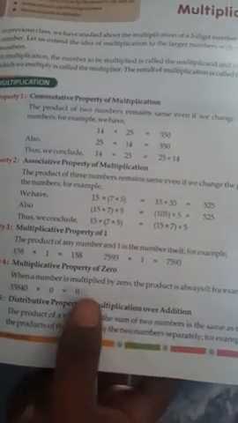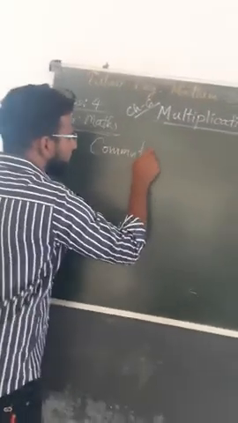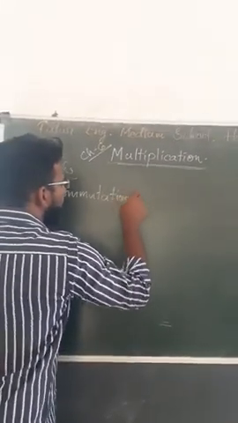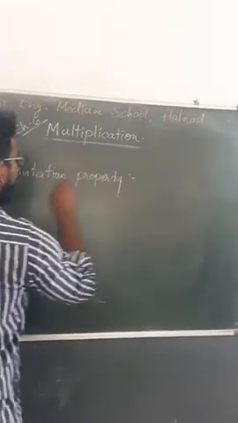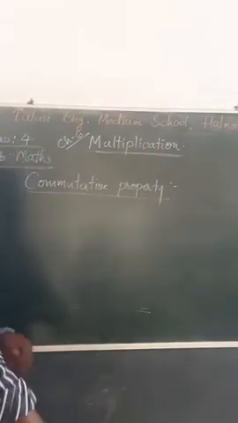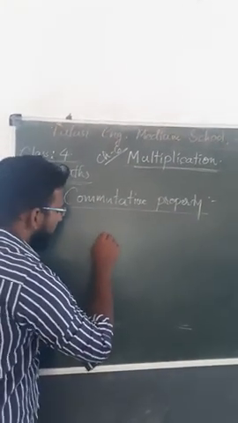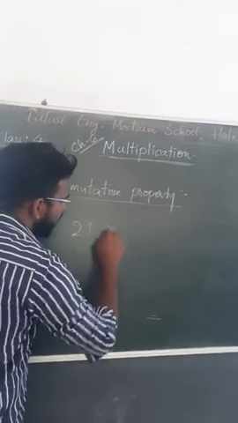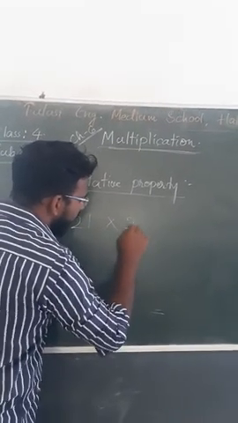The first one is the commutative property of multiplication. Say 21 into 20.